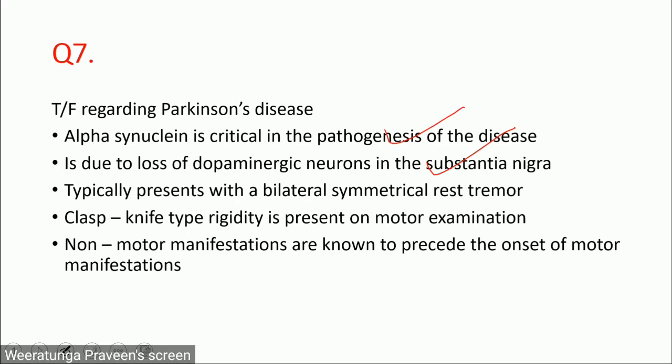Remember, in idiopathic Parkinson's disease, this pill rolling tremor starts off unilaterally, then becomes bilateral. An important thing you need to remember is it is almost always asymmetrical.